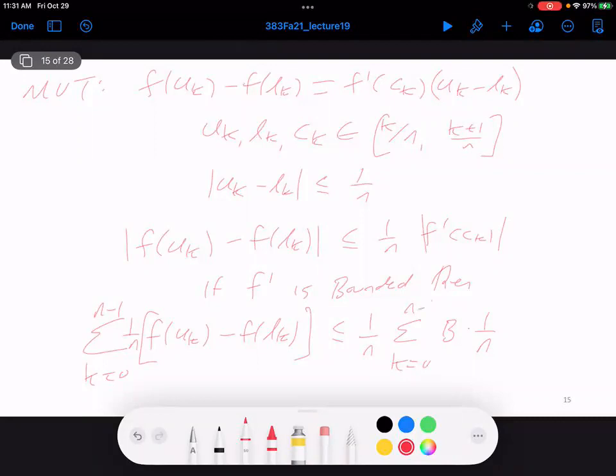Oh, sorry, up to n minus 1. And we get an extra factor of 1 over n. And because of that extra factor of 1 over n, the sum hits that, and we're left with b over n.